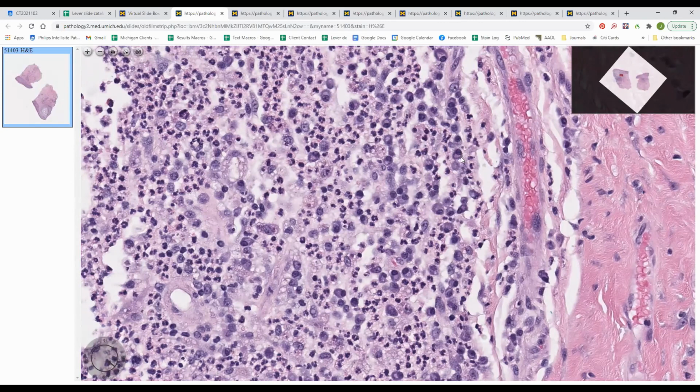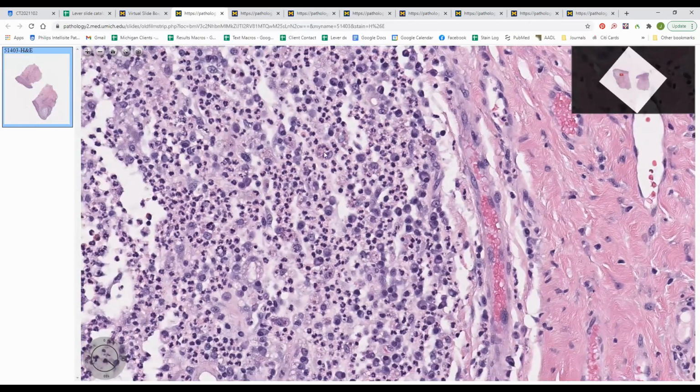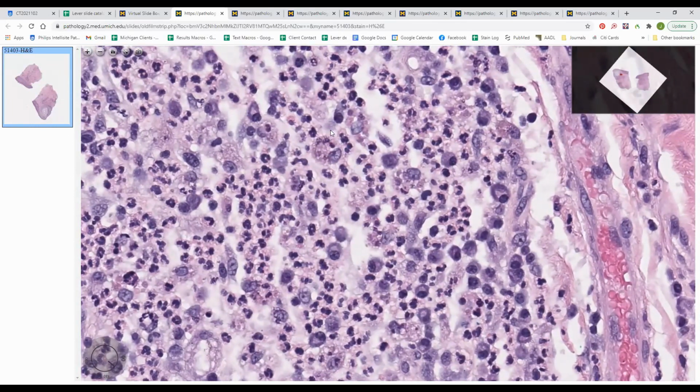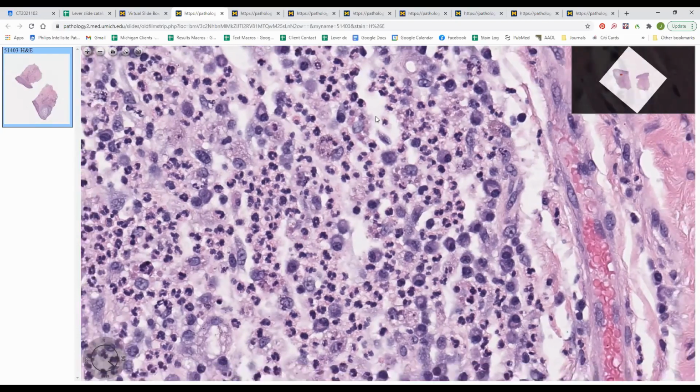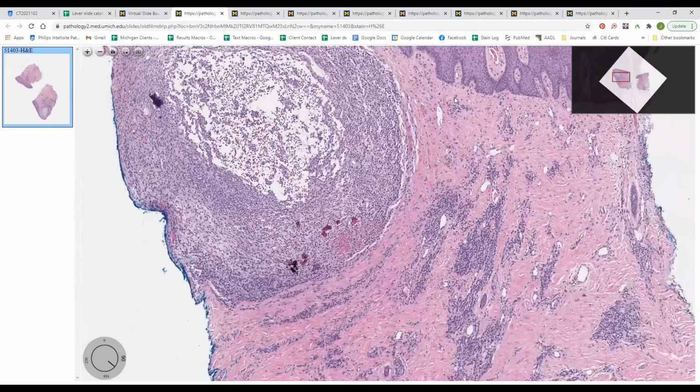So here again, you can see that eccentric nucleus and clock face nuclei and many histiocytes surrounding that. And here even some macrophages engulfing these neutrophils. So this is a later stage lesion.